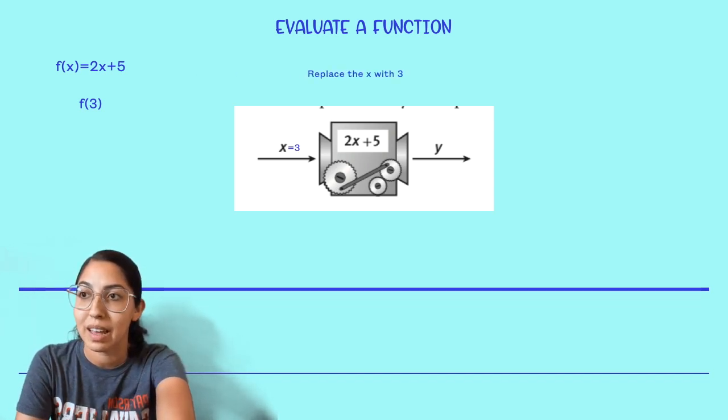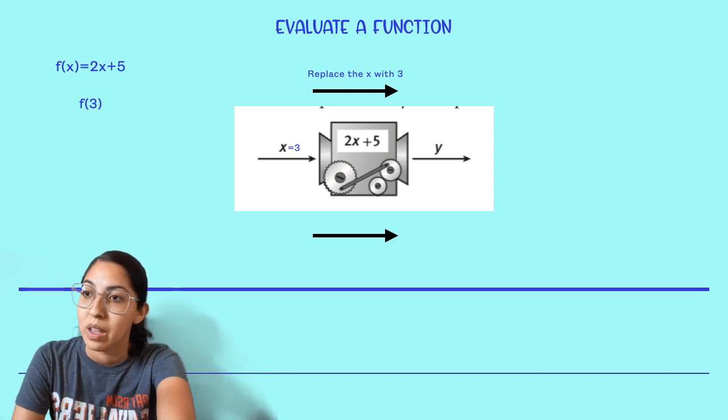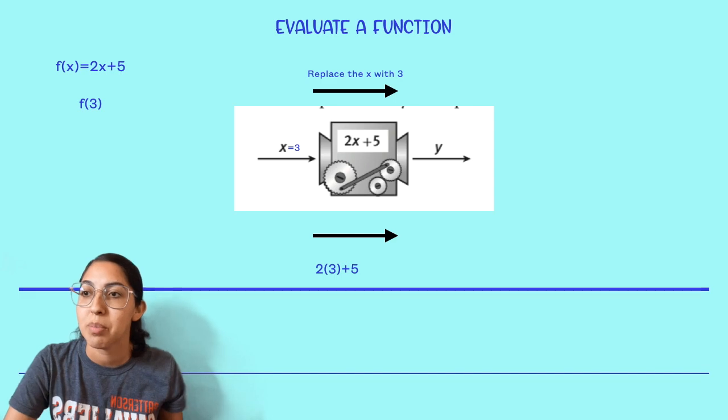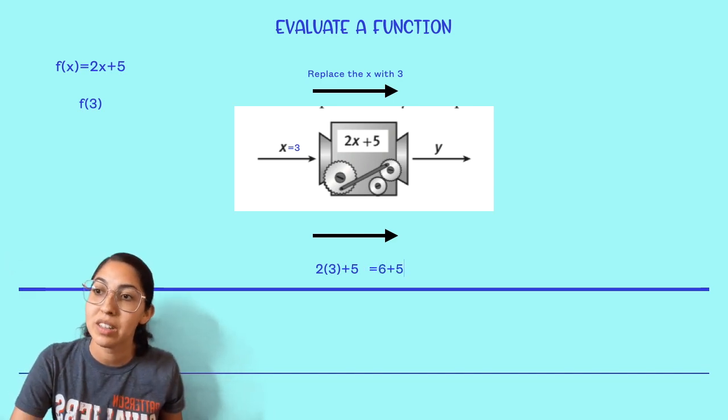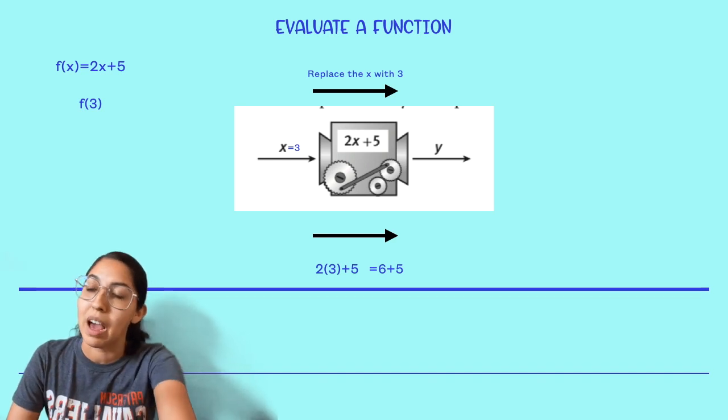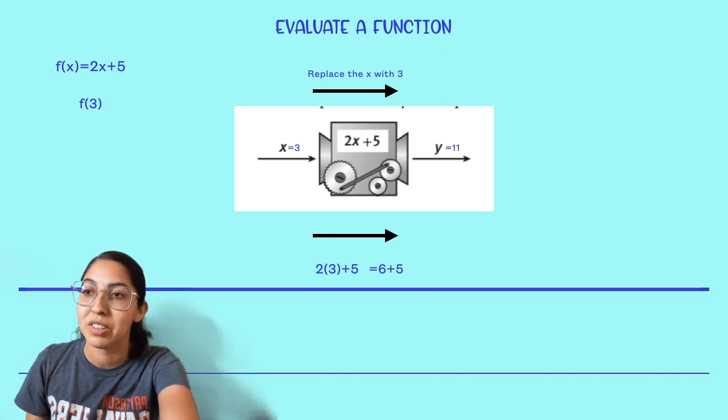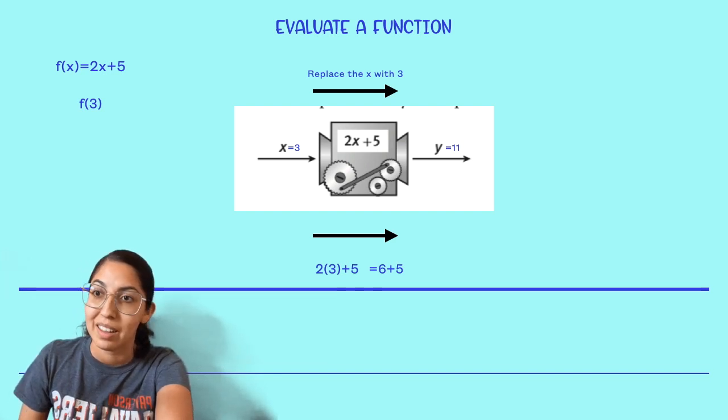We replace the x with 3 through our function machine. So we do 2 parentheses 3 plus 5, which equals 6 plus 5. Out of the machine we get a single number, which is 11. So that coordinate point would be 3, 11.